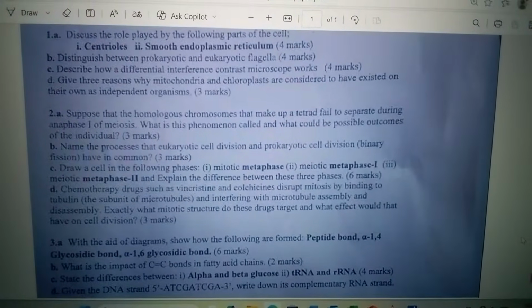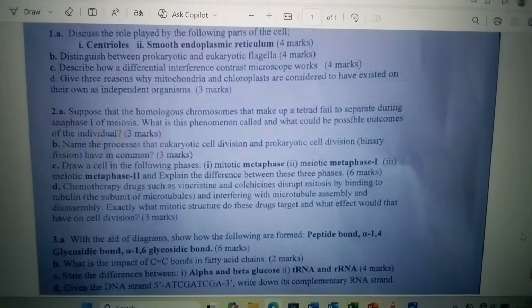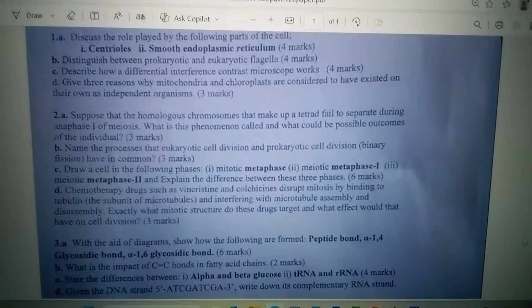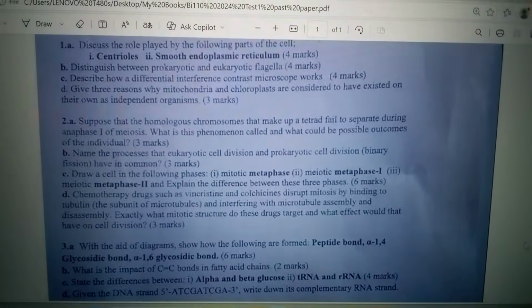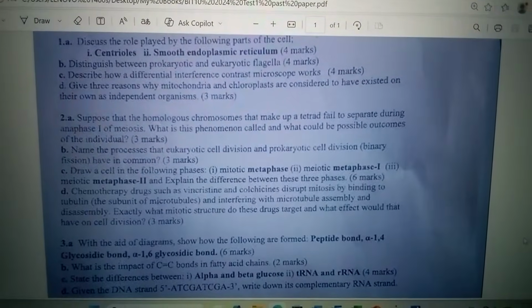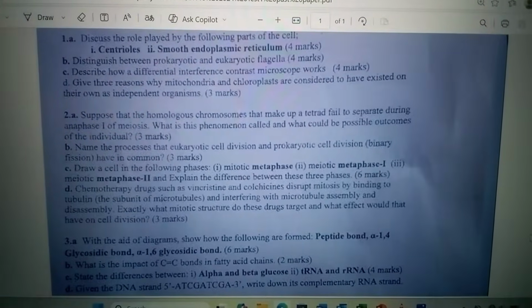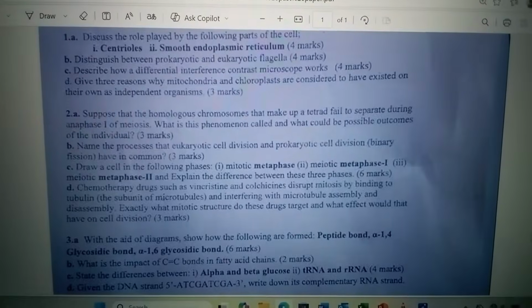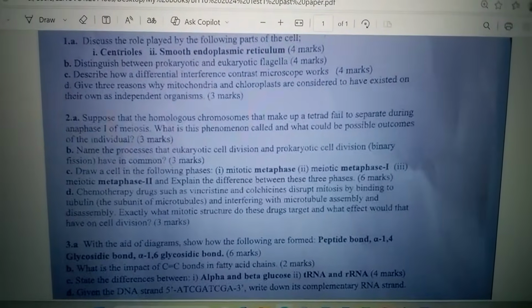And the question reads 1A. Discuss the role played by the following parts of the cell. Roman numeral 1, centrioles. Roman numeral 2, smooth endoplasmic reticulum. One thing you should bear in mind is that whenever you are answering, what should guide you is the marks being given.